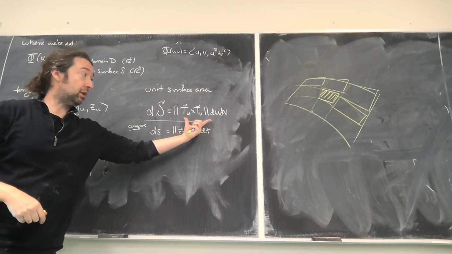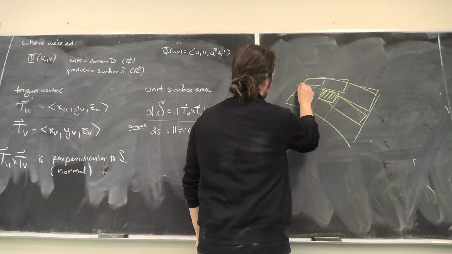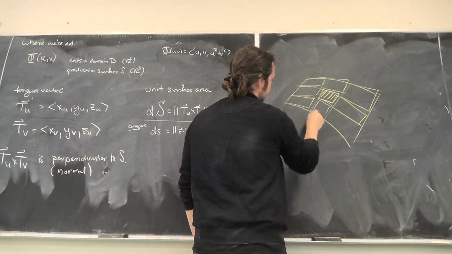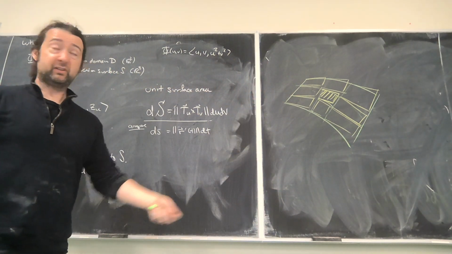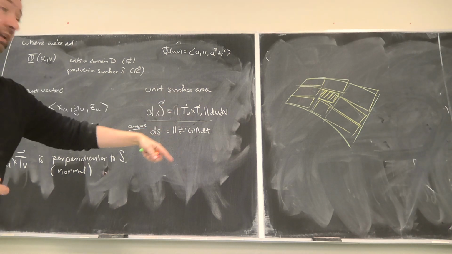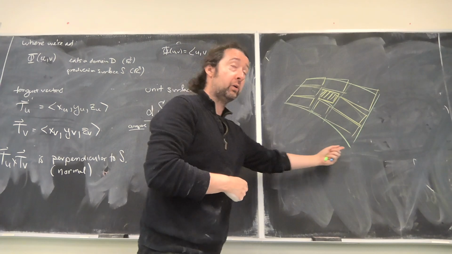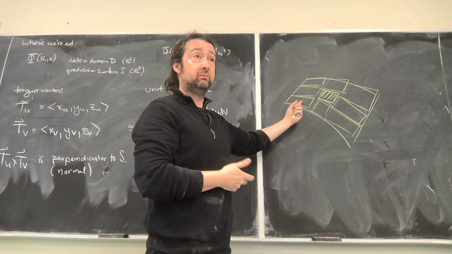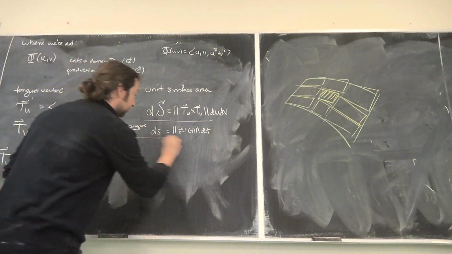Each parallelogram will have an area corresponding to this. And the claim is that if you do this with small enough pieces, the area of the planes that you replace the surface with, the scales, is actually the surface area. So I can calculate the surface area of the curved part by adding up these parallelograms that approximate it. And that gets us our definition of surface area.